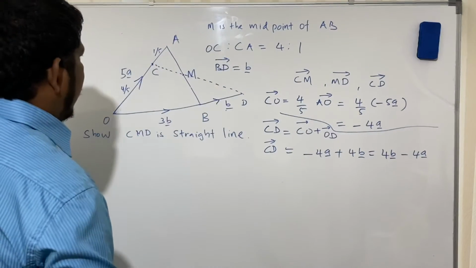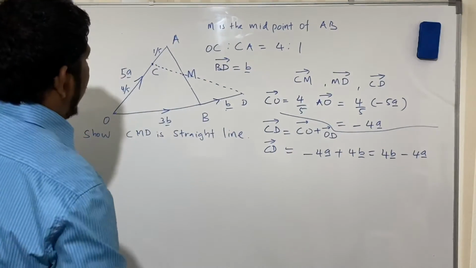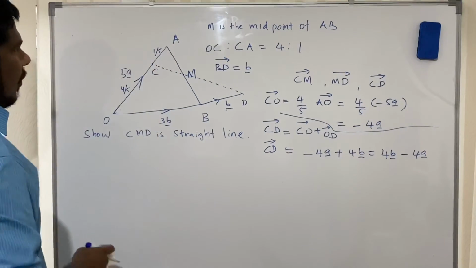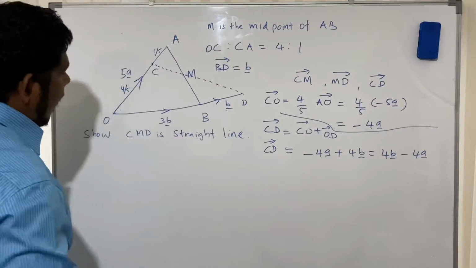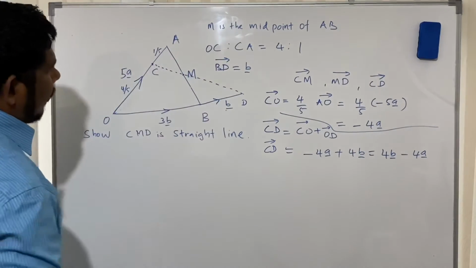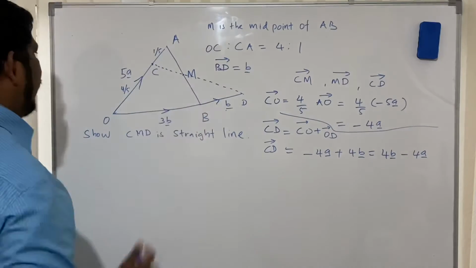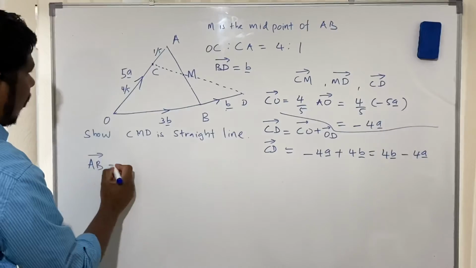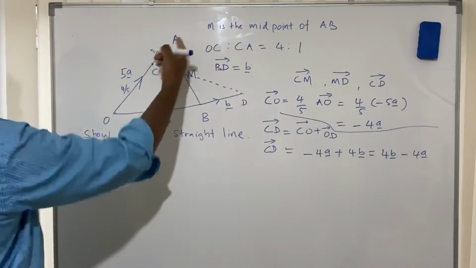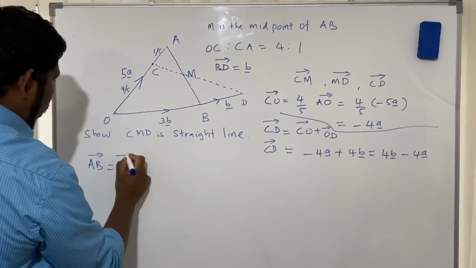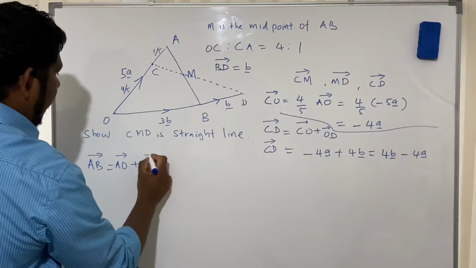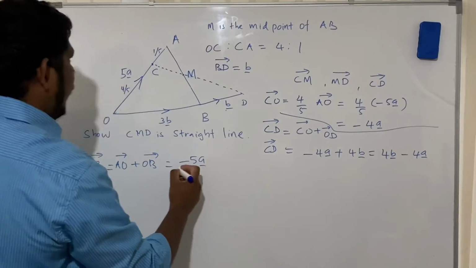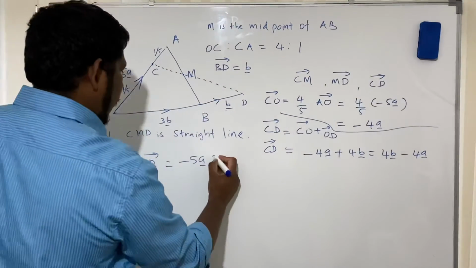We can find CM, because we know CA is 1/5 of OA, and AM is the half vector of AB. So we need to find what is the vector AB. So vector AB equals vector AO plus OB. AO is -5A and OB is 3B.